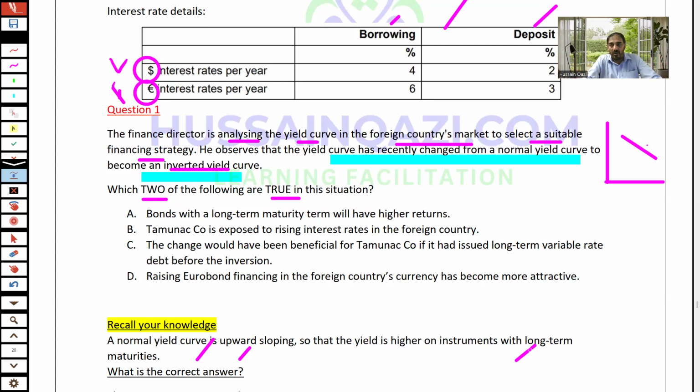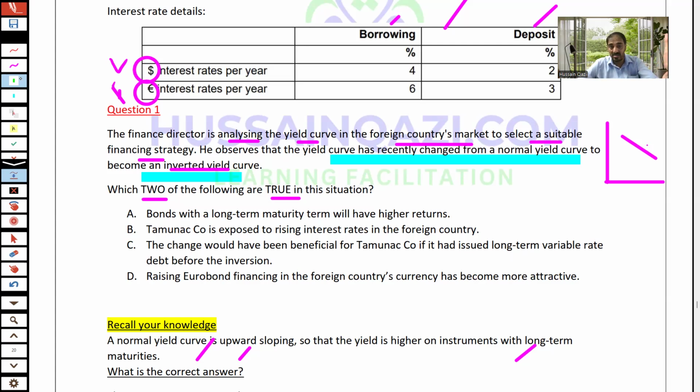If you are confused, first of all, based on this context, if you really wanted to make a guess work, considering the context of borrowing and the inverse yield curve, first you need to eliminate what you feel is obviously wrong. Let's start. A. Bonds with a long-term maturity will have higher return.